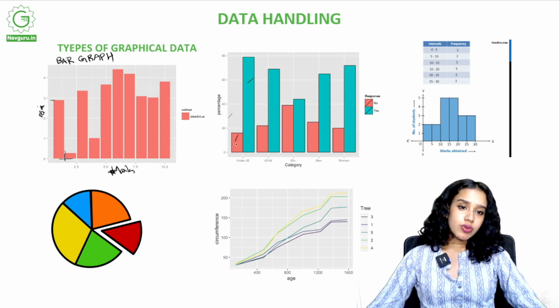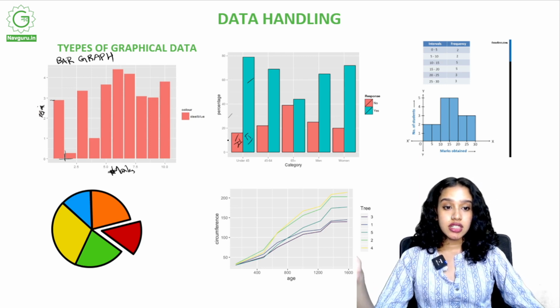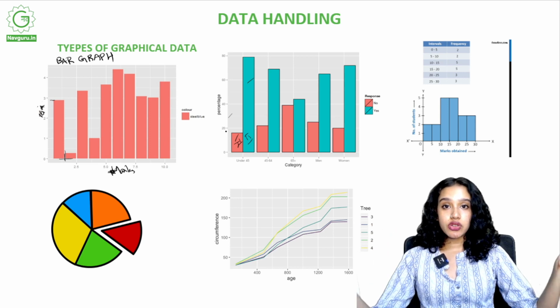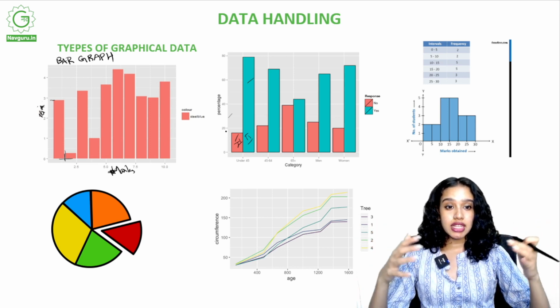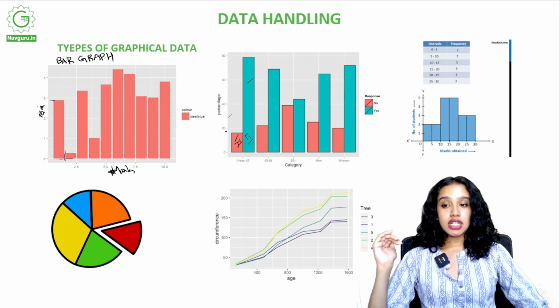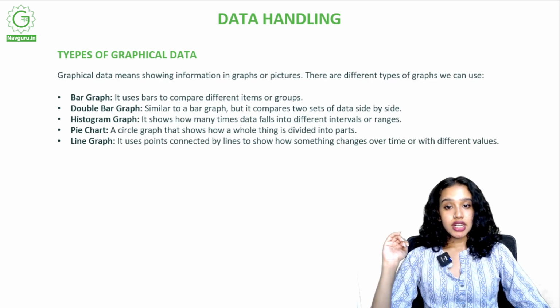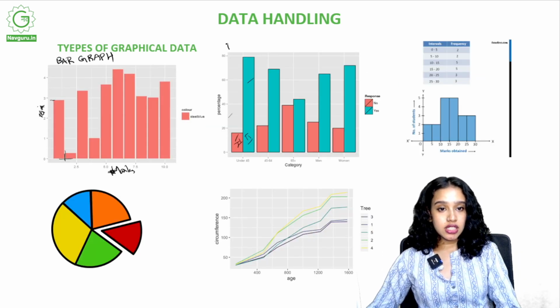So we have 2 semesters of marks here, and we have the number of kids here. So we have 2 different sets of data, and we are collaborating that into one chart. That is called a double bar graph. Now, this is an example of a double bar graph. Let's just put it on here.